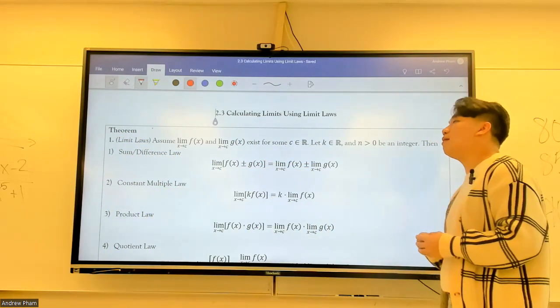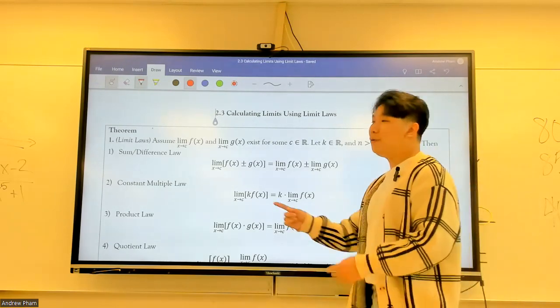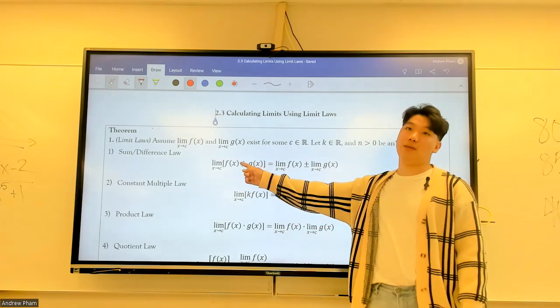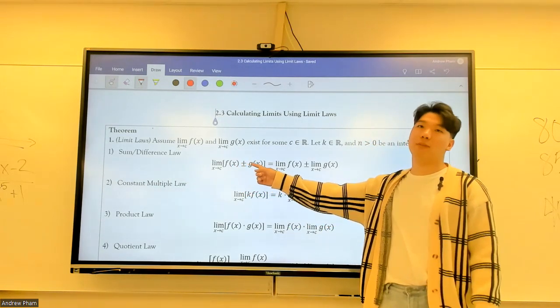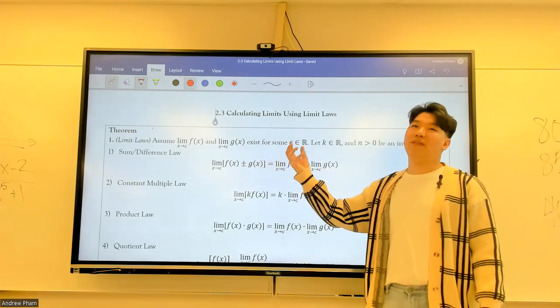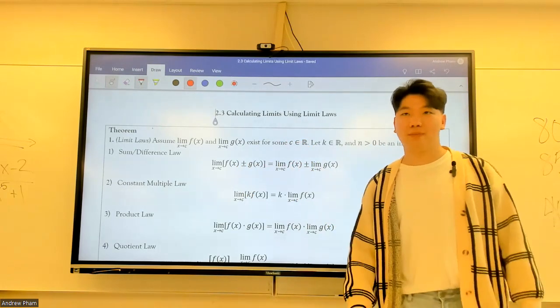The first one is the sum/difference law. If I want the limit of a sum or difference, in other words the limit of f plus or minus g, this is the same thing as taking the limit of each one individually and then adding or subtracting them together.